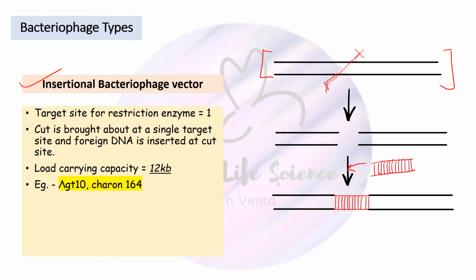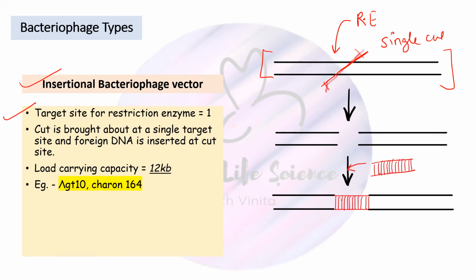Only a single target site is present for the activity of the restriction enzyme. Okay, means the restriction enzyme is going to have its own specific target sequence, and in this case the enzyme is going to make a single cut.